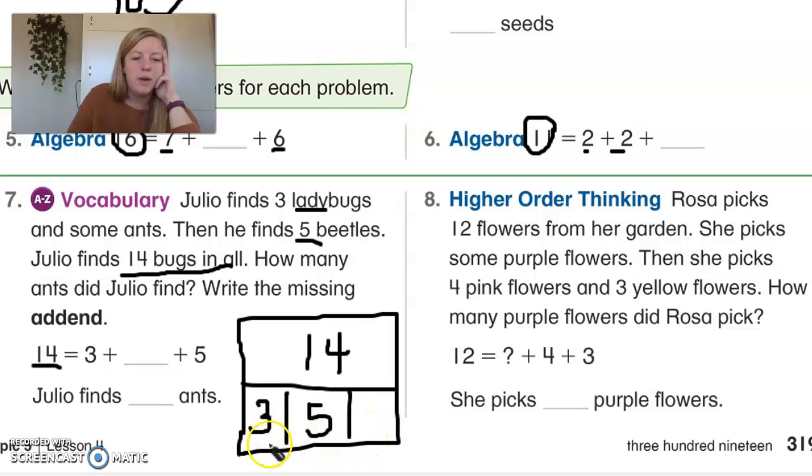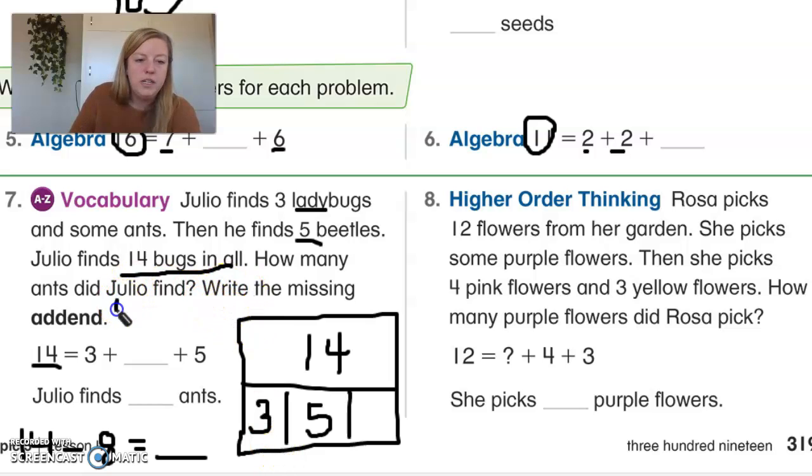I'm going to start by doing 3 plus 5. So 5, 6, 7, 8. So I could think of this all as 8. So now I'm trying to think of 14 take away 8 equals what to find that missing part. I always like to draw a picture to go with it.